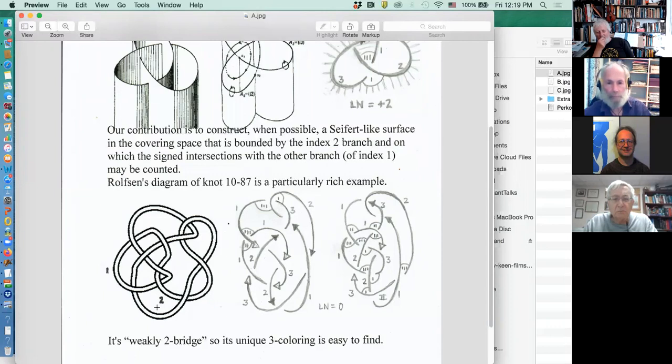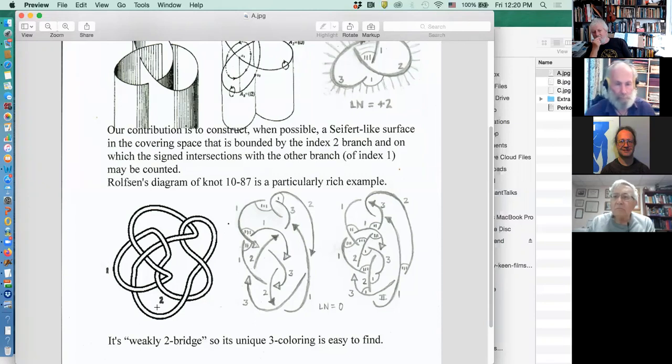And for the one on the left, for example, you start with the upper left-hand crossing, and you can lift the top of it to copy 3 and the bottom to copy 2. And then if you extend that around, you can see that works to fill in the rest of the Seifert circles in a consistent way that shows the linking number to be 0.